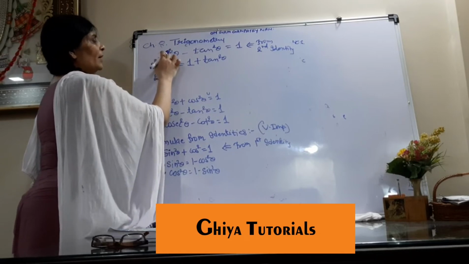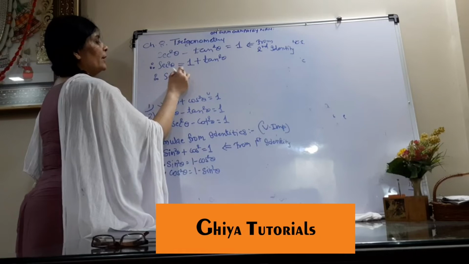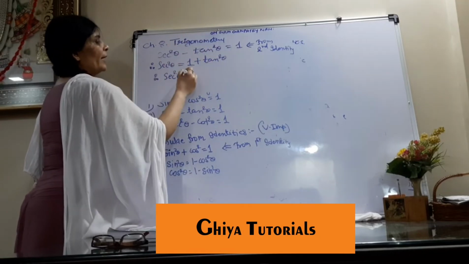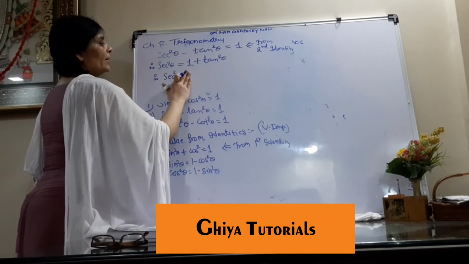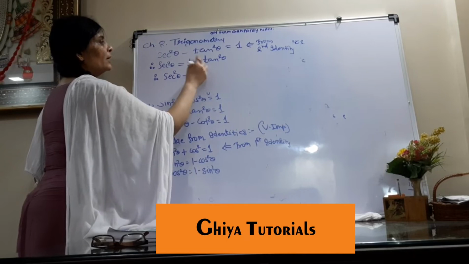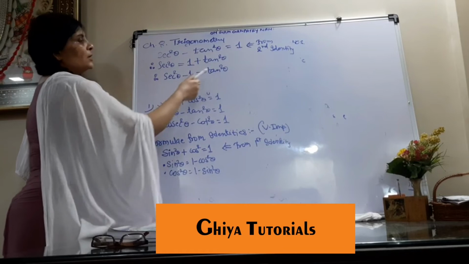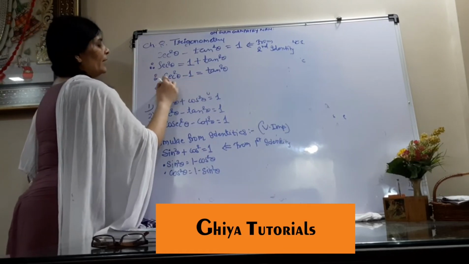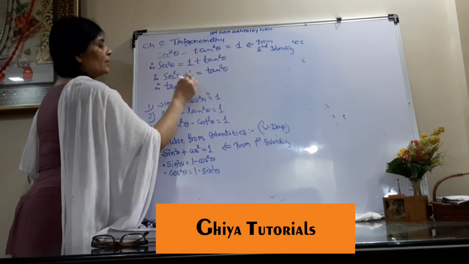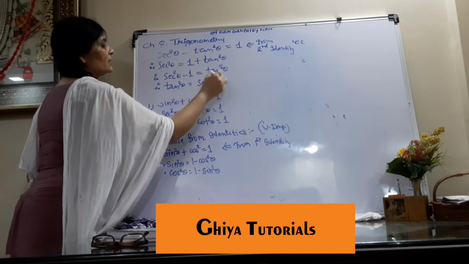I am keeping this sec square theta here only, and shifting 1 from right to left of the equals sign. It becomes minus 1 equals minus tan square theta, which becomes plus tan square theta. So therefore I am getting tan square theta equals sec square theta minus 1.